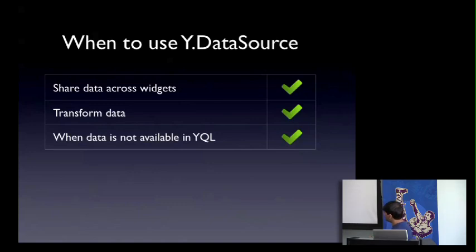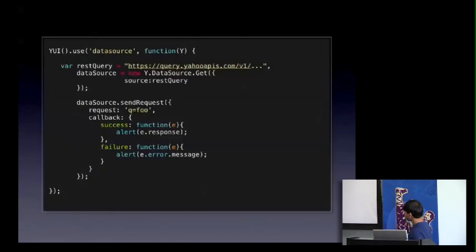If your data isn't in a YQL table and you don't want to or can't write a YQL table at that time, and you're interacting directly off an API, then something like YQL query isn't as useful to you, right? When I say YQL query, I mean the YQL query module. At that point, data source becomes a viable alternative for you.